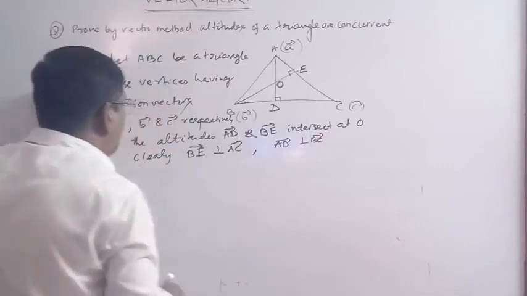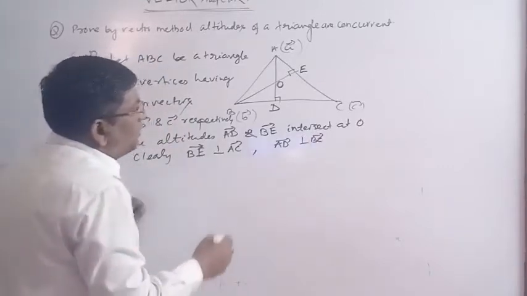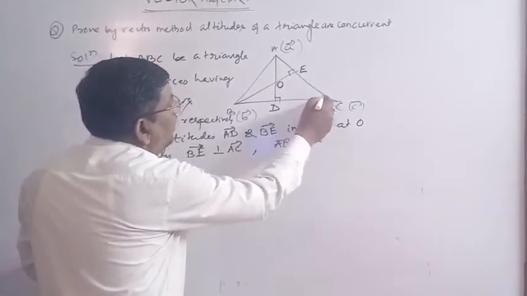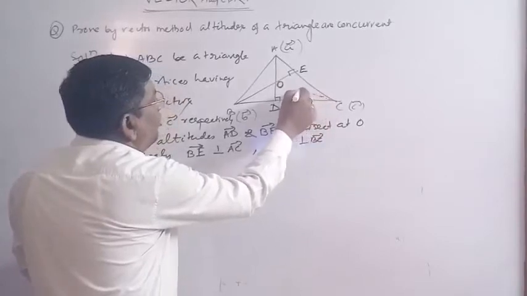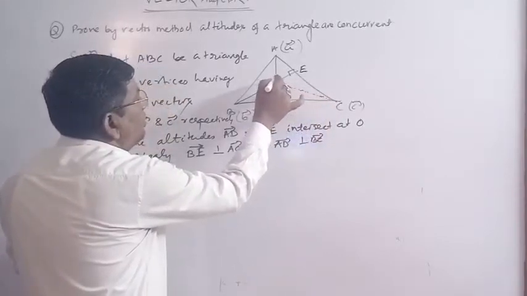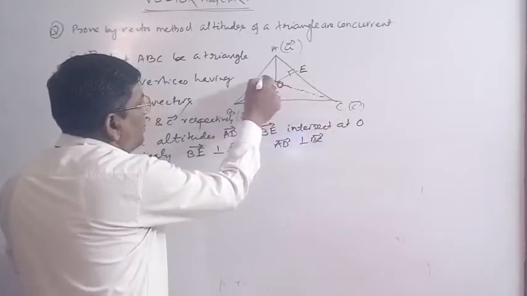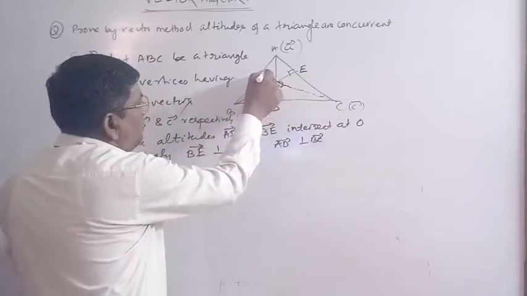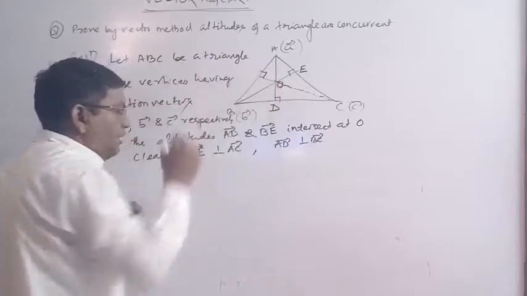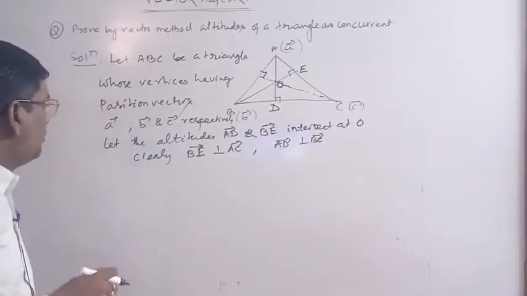Now we have to prove that the line drawn from vertex C and passing through O is perpendicular to the side AB. That is our aim to prove.